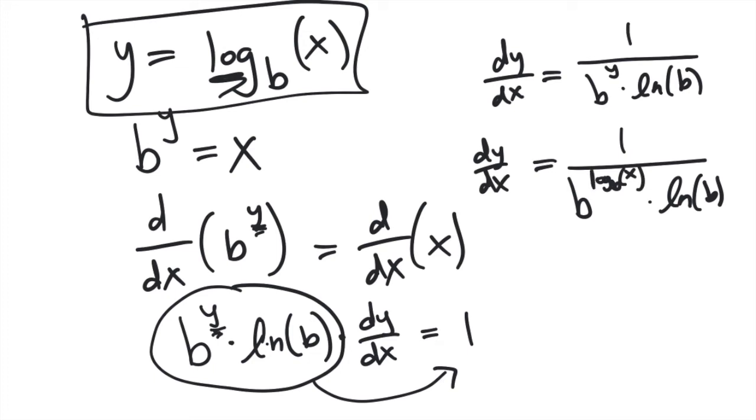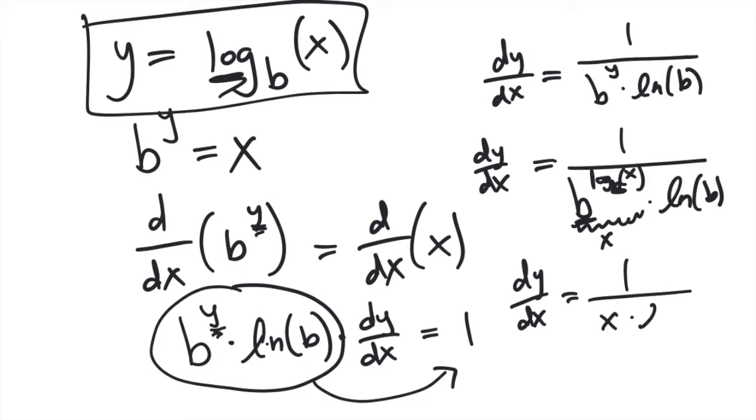One way those log rules show up is that when you have a base of b and a log with a base of b, the exponential and the log undo each other, and so this piece right there, you actually just get x. So as our answer, we have dy dx equals 1 over x times the natural log of b.